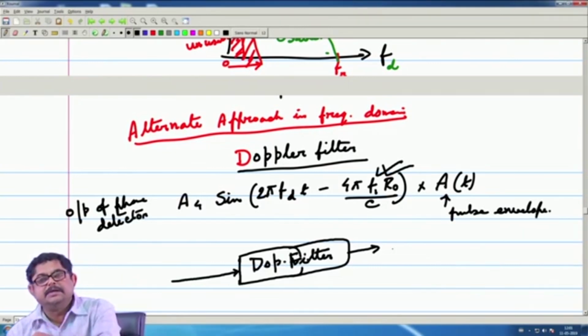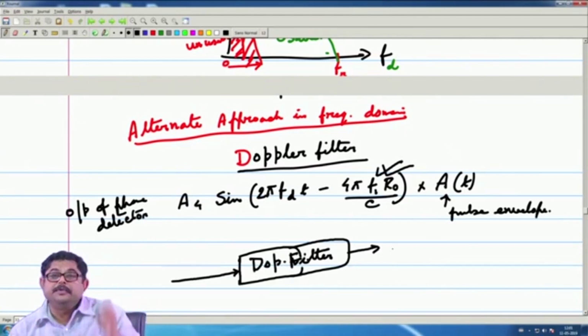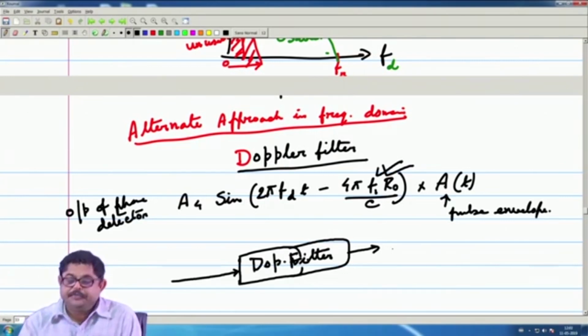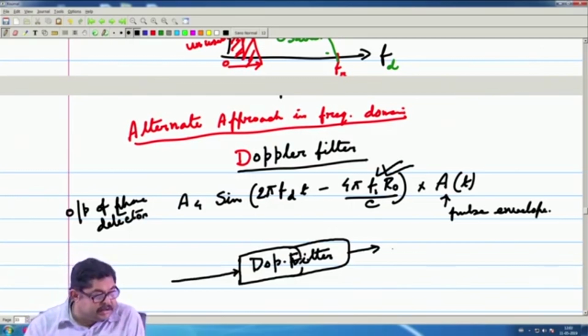So, that can be easily filtered out. They are changing the scheme from the MTI radar, which first gets the Doppler information and then finds the range. Here the range is extracted first.